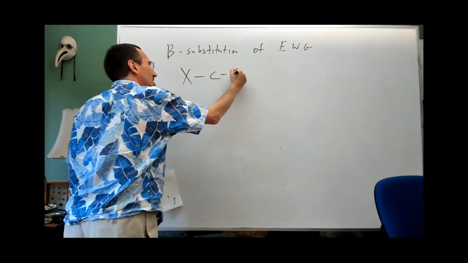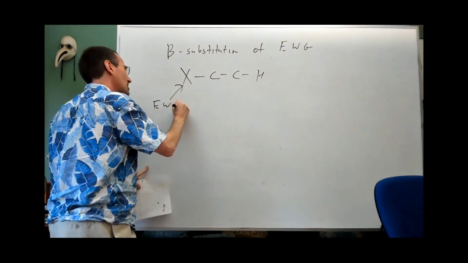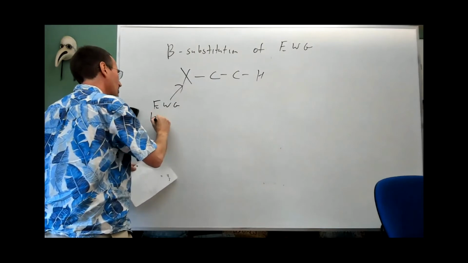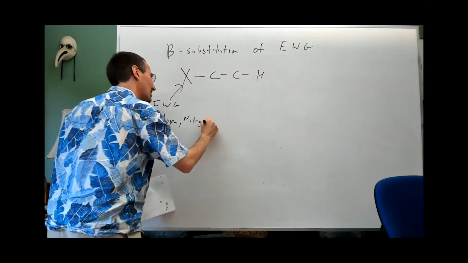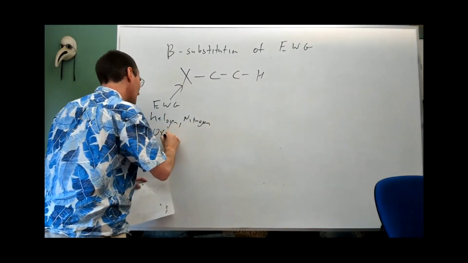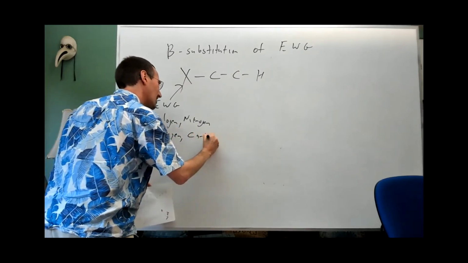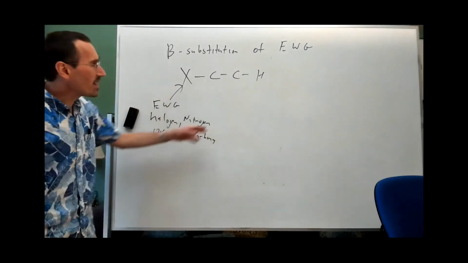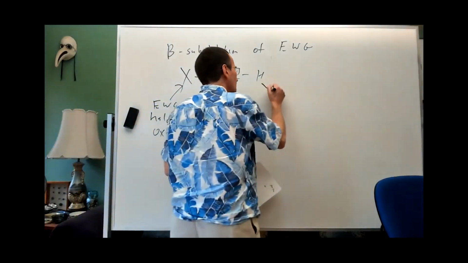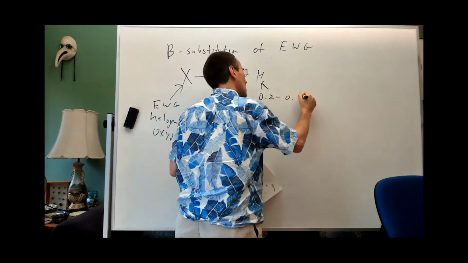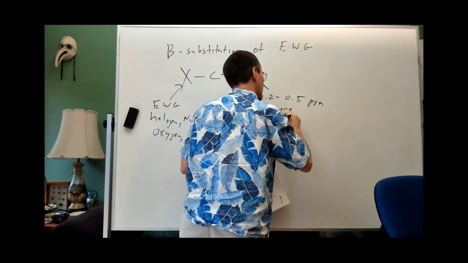So if you've got X, carbon, carbon, hydrogen, where X is an electron withdrawing group, and that electron withdrawing group could be a halogen, a nitrogen, oxygen, carbonyl, the effect of a beta group in general is enough to pick up, let's say, 0.2 to 0.5 ppm more downfield.